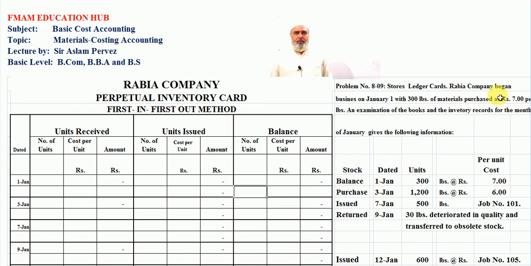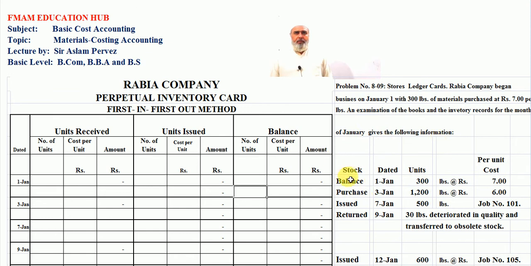The company began business on Jan 1st with 300 pounds of materials purchased at a rate of ₹7 per pound. An examination of the books and the inventory record for the month of Jan gives the following information.